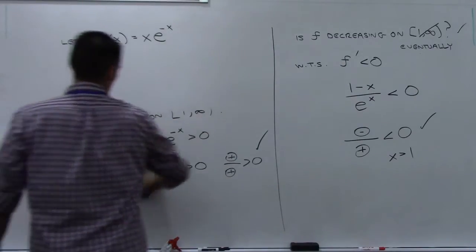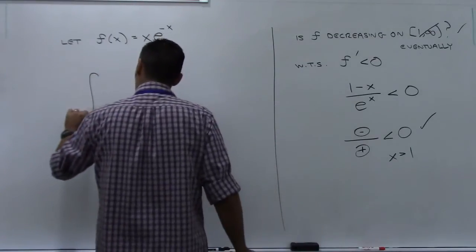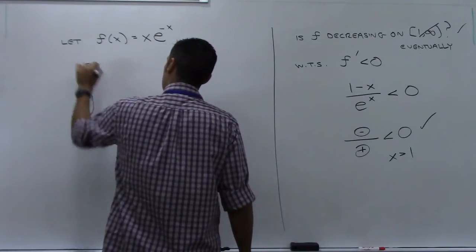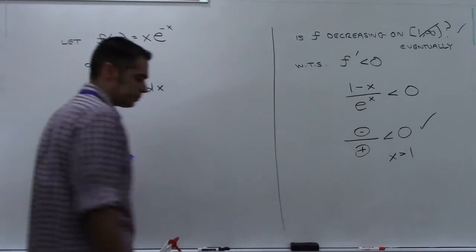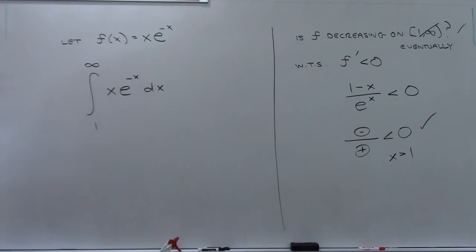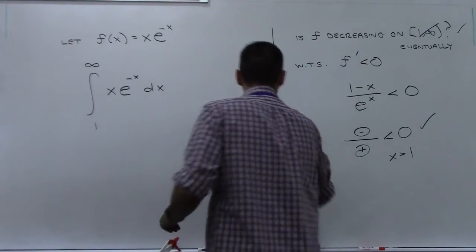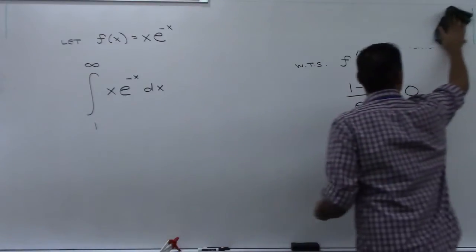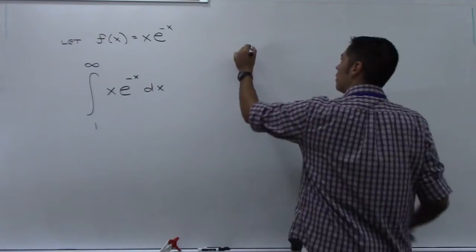So let's figure out what the integral of this thing does. What is the integral from 1 to infinity of x e to the negative x dx? So I'm going to use integration by parts. I'm going to first just look at the indefinite integral over here.